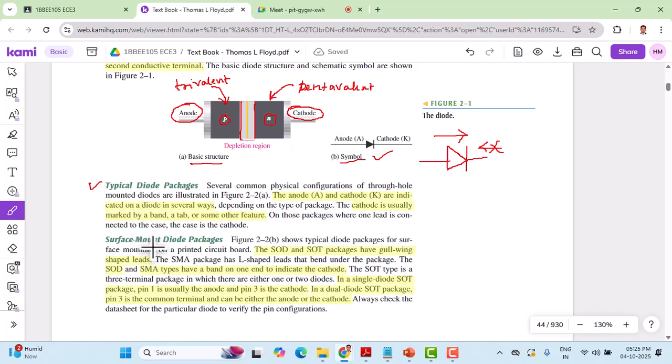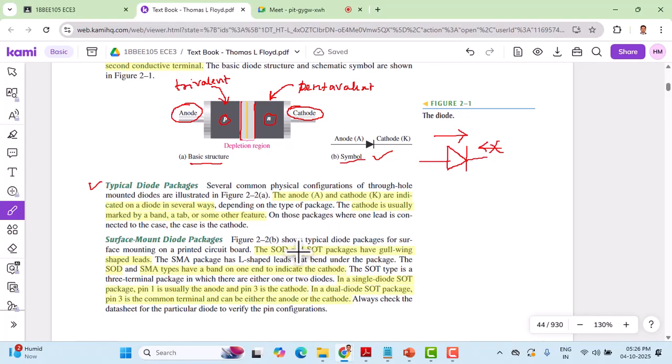Then come other standard packages, like the surface mount diode package, called the SMA package. SMA means surface mount assembly. It also comes in different types of mounting, SOD type and SOT type. These are different packages which are available.